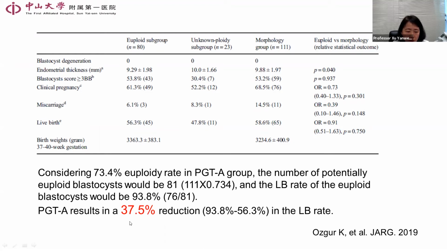And lastly, it's a 37.5% reduction in the live birth rates. In the previous slides, I mentioned the embryo loss. It's about 20%. And in this paper, it calculates the embryo loss caused by the PGT-A. It's 37.5%. It's amazing data.